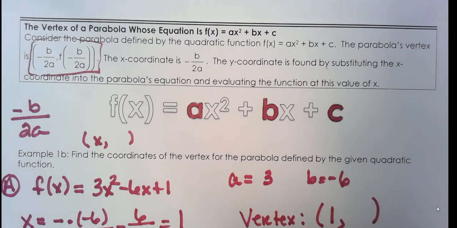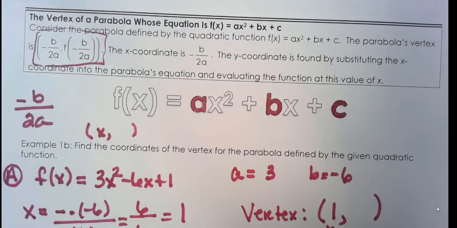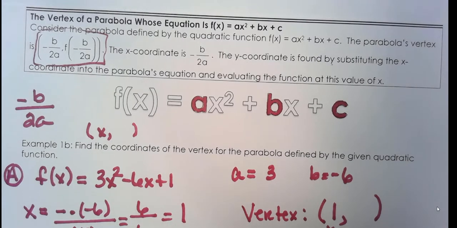So we want to find y. We're saying when x is equal to 1, let's plug this into our formula. We have f of 1 equals 3x squared minus 6x plus 1.